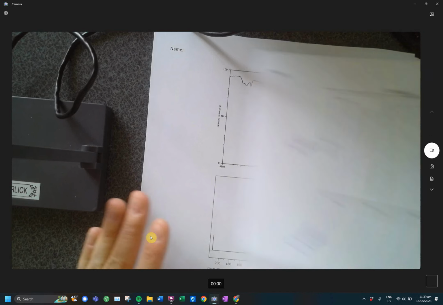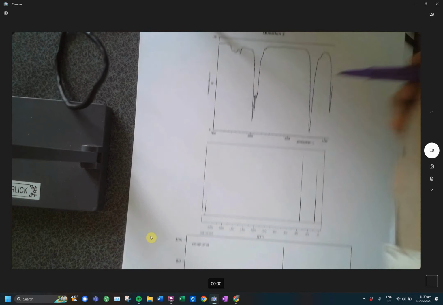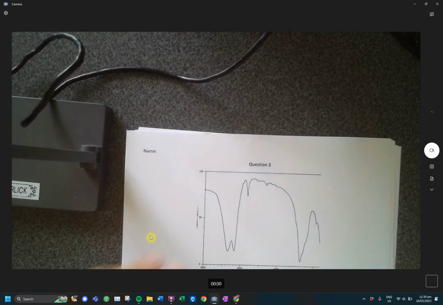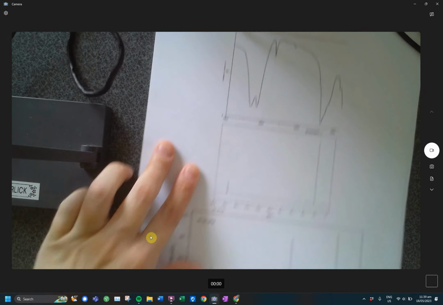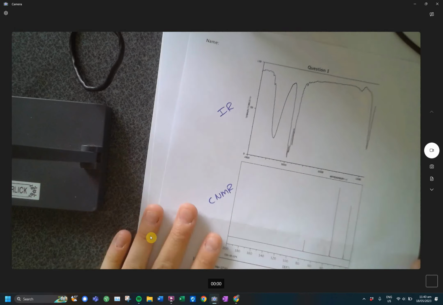So if you guys notice, each question in this book is the same setup: IR spectra, CMMR, mass spec. So each one of these things is a different molecule. Are we okay with that so far?